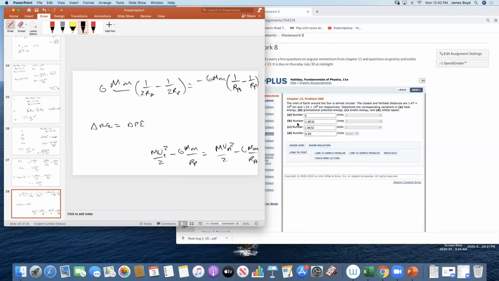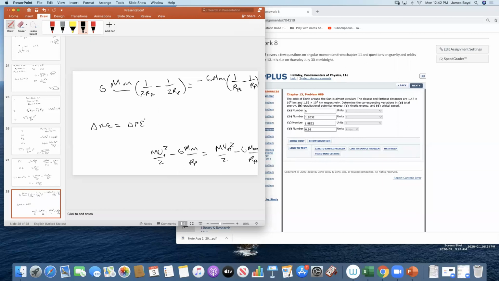The potential energy change and the gravitational energy change, you can find those right here. They tell you RA and RP. RP is the close one. RA is the furthest away one. So you can find this is the change in kinetic. This is the change in potential. They are equal, right? Which is odd, but they are equal.